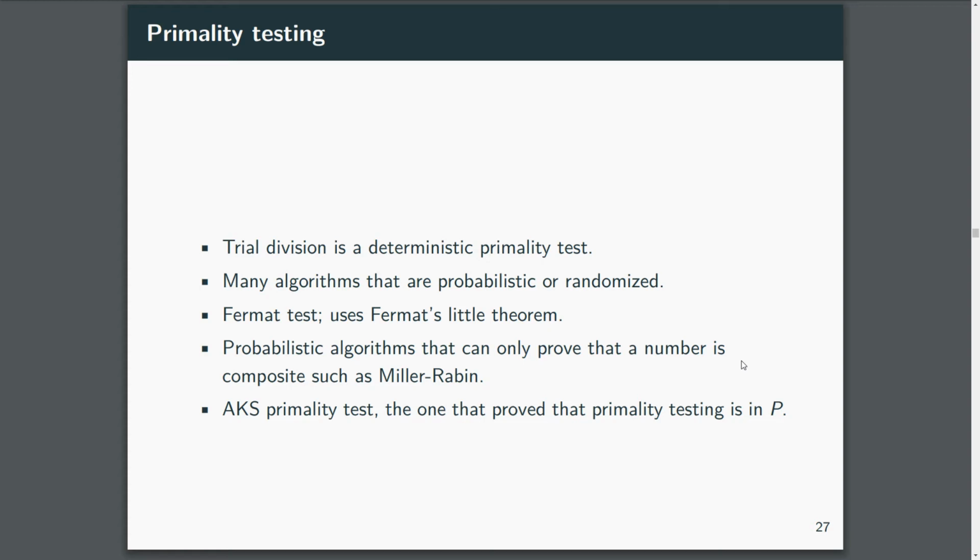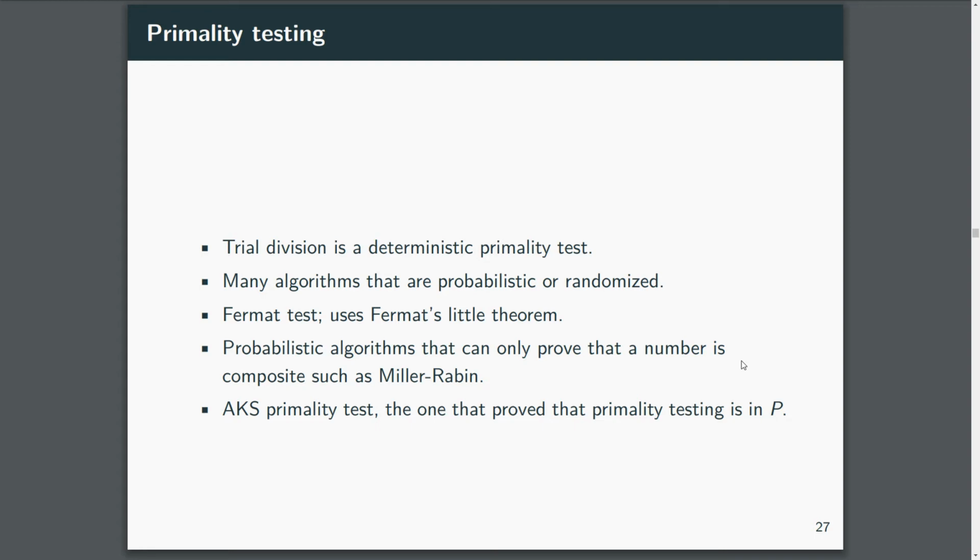Trial division is very simplistic, but it is deterministic. So it always returns the same values. Many other algorithms which test for primality are probabilistic or randomized in some way.